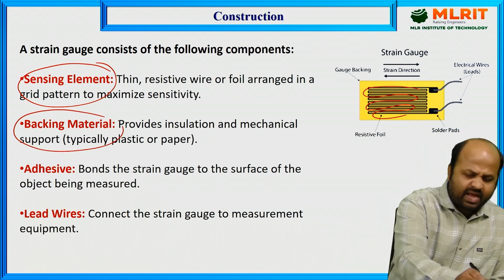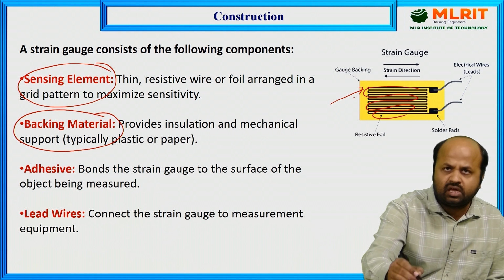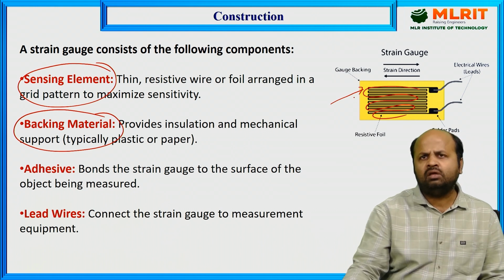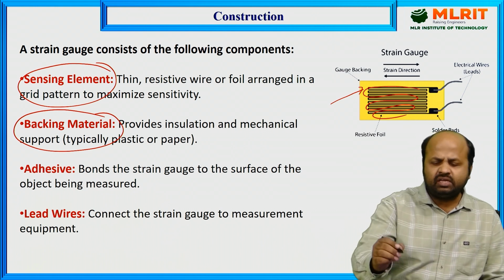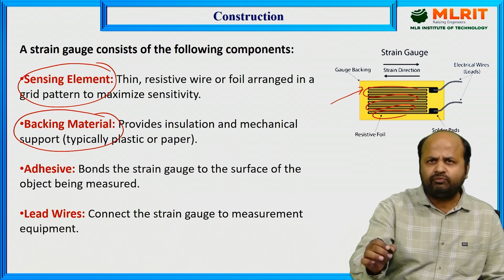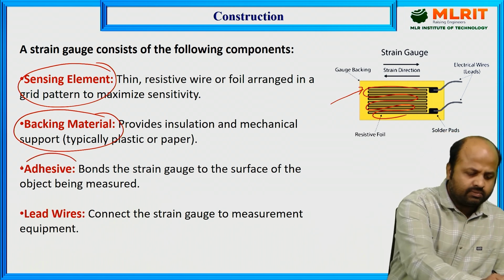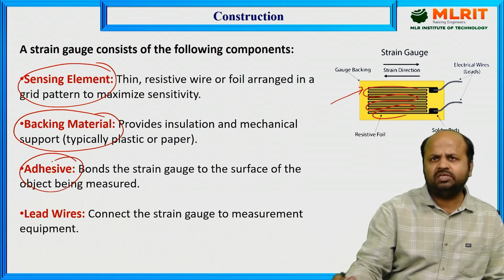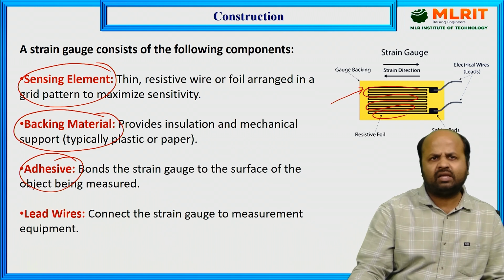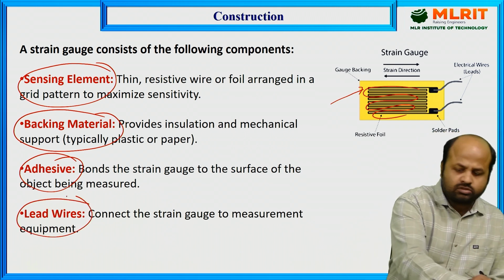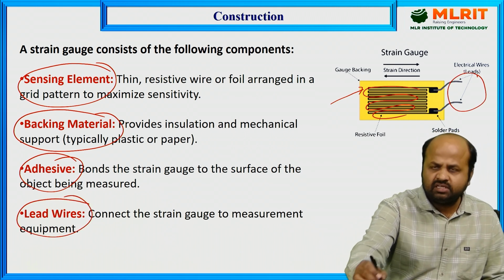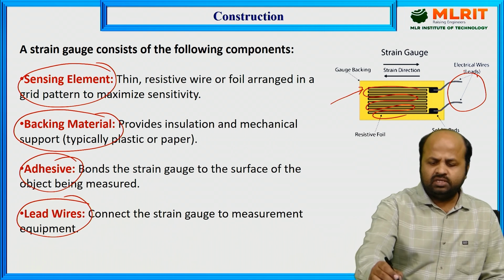The other is the backing material. The yellow color is the backing material on which the strain gauge wire is placed or fixed. Adhesive is used to fix the strain gauge wire on the backing plate, and lead wires are there across which we will take the change in resistance value of the strain gauge wire.